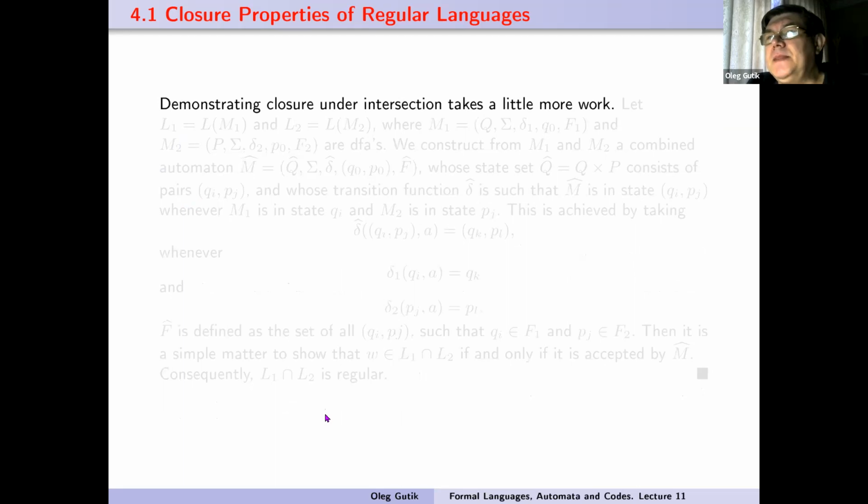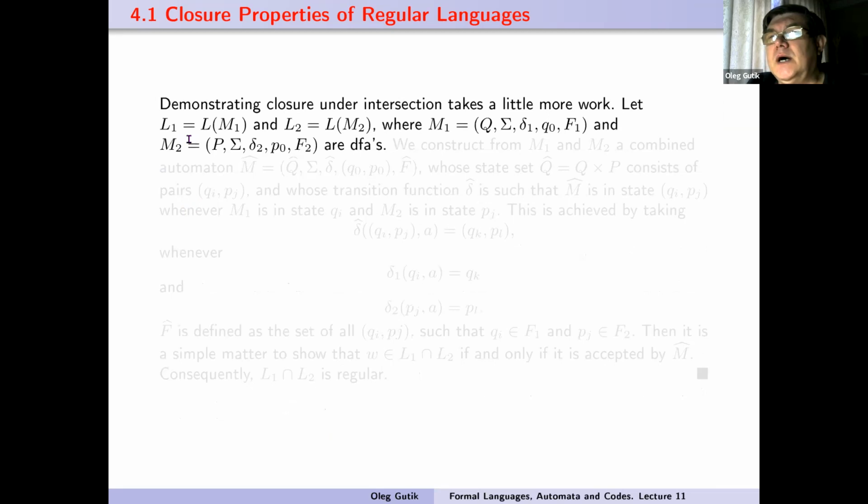Demonstrating closure under intersection takes a little more work. Let L1 be a language accepted by automaton M1, and L2 a language accepted by automaton M2, where M1 is deterministic, as in the other chapter, and M2 is as well.